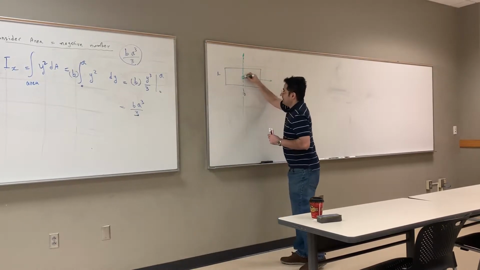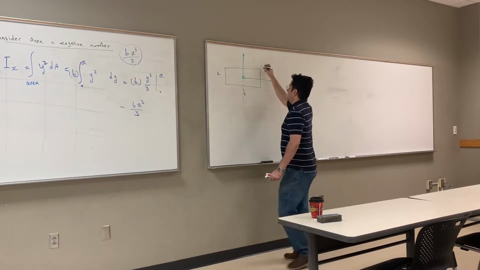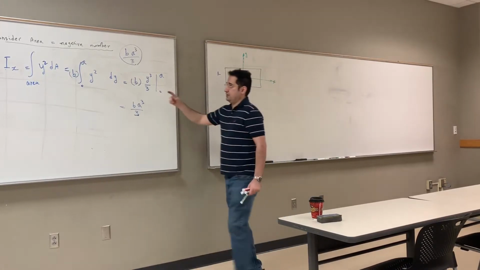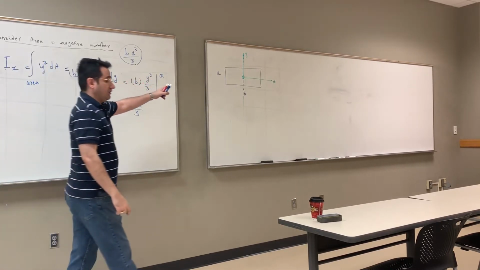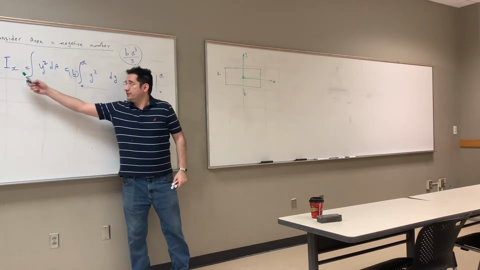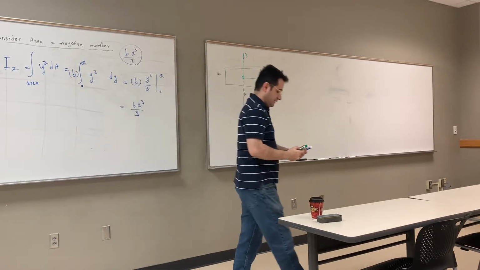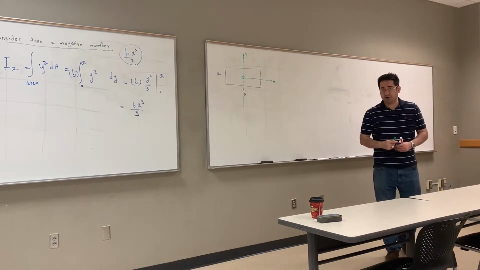So I know the centroid is here, right? So if the coordinate system xy is passing through the centroid, now give the formula. It turns out this is a very important integral. Finding the moment of inertia with respect to the centroid is the thing that we need in the second part of the course, mechanics of materials.